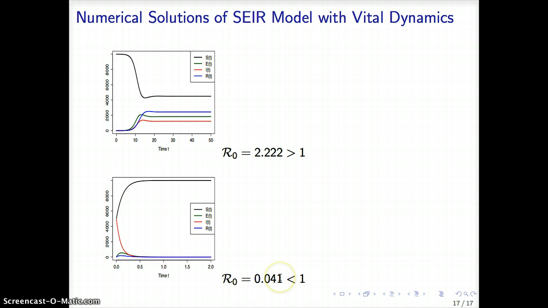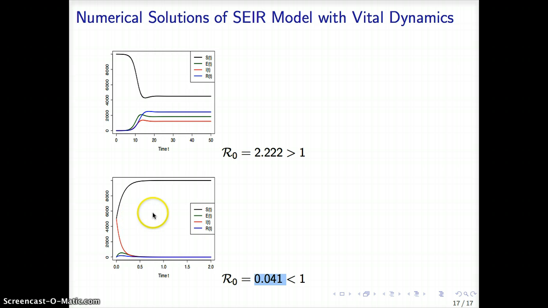Parameter values were chosen such that R naught is less than 1, and then there is a complete failure on behalf of the infected individuals to keep up. The infection dies off because it's never able to reach that critical mass of infected individuals, so transmission quickly dies off.